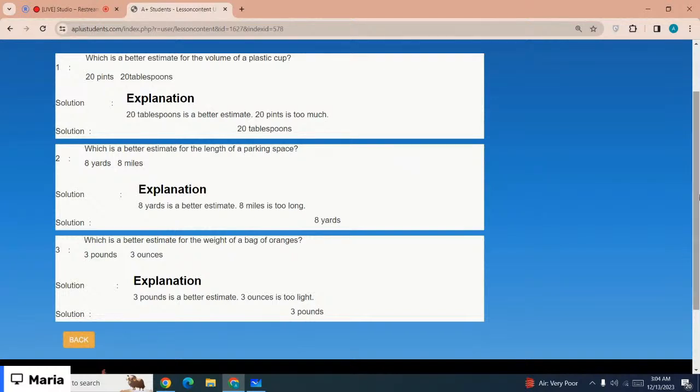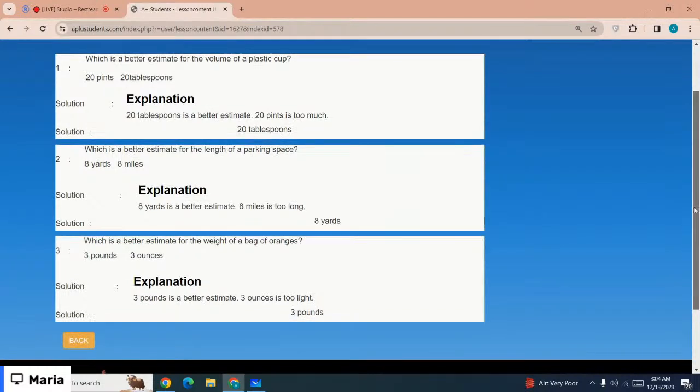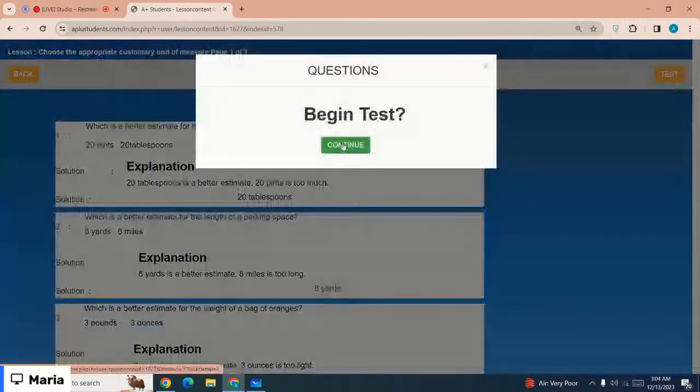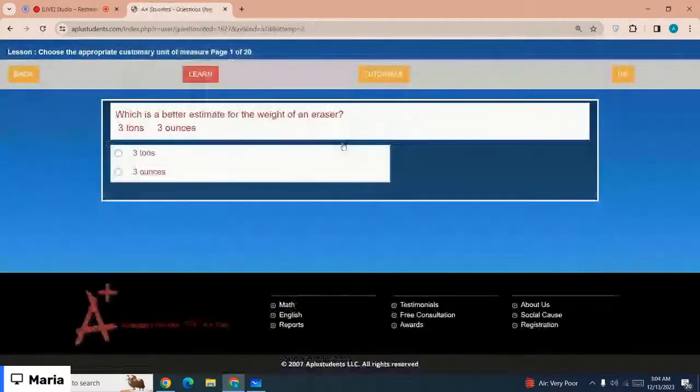Let's start with the practice questions. If you already know the answers, you need to write them down in the chat box. The first one is: which is a better estimate for the weight of a razor? Which is the correct option? 3 tons or 3 ounces?